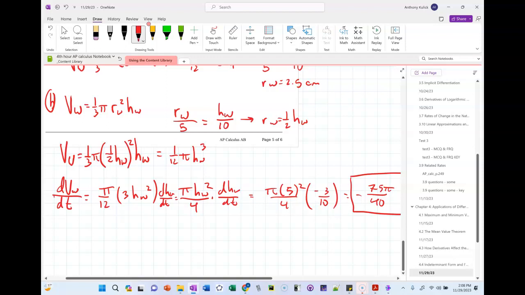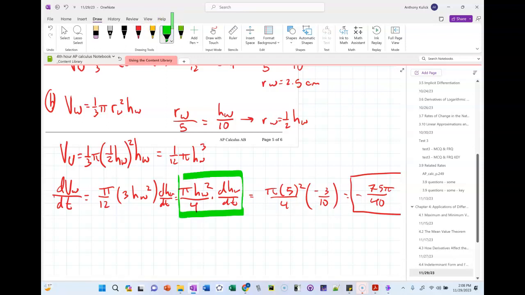So what I'm going to do is take this and divide it by pi r_w squared.